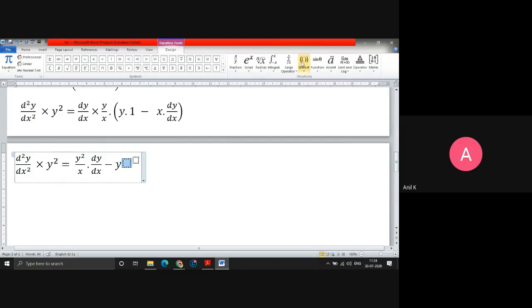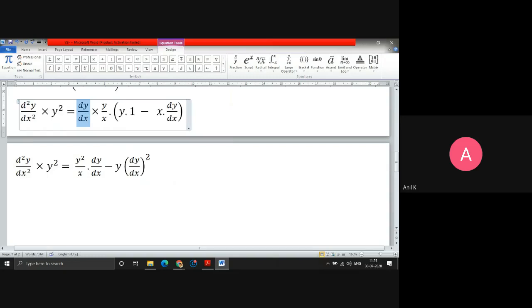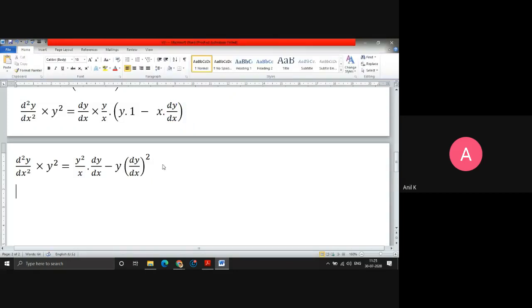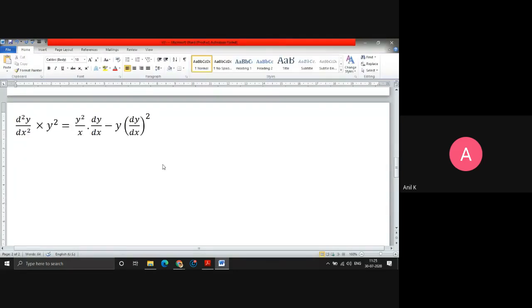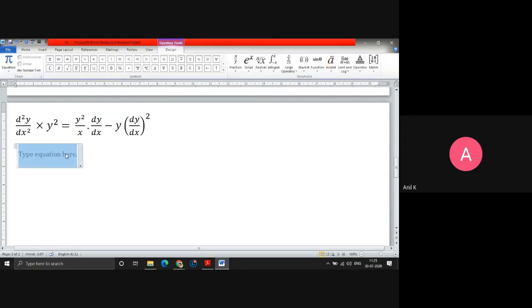Then you are left with dy upon dx whole square, because one dy by dx is already multiplying with another dy by dx, so it becomes dy by dx whole square. Finally you can keep all the terms in one place in the standard form.